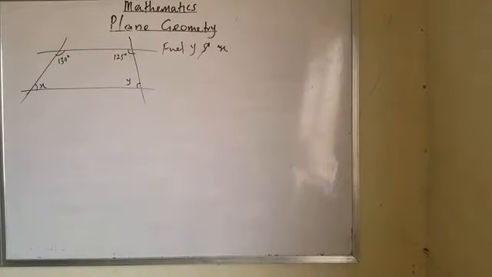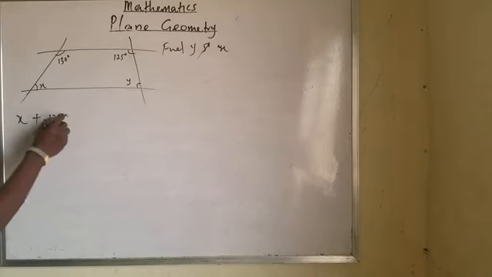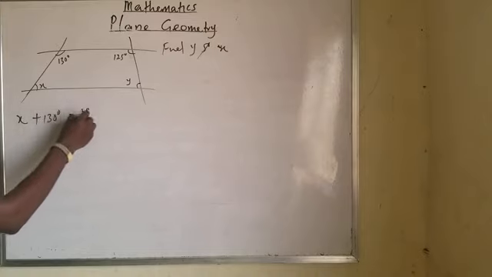The first thing I need to understand here is that I can say the sum of opposite interior angles equals 180. X plus 135 equals 180.